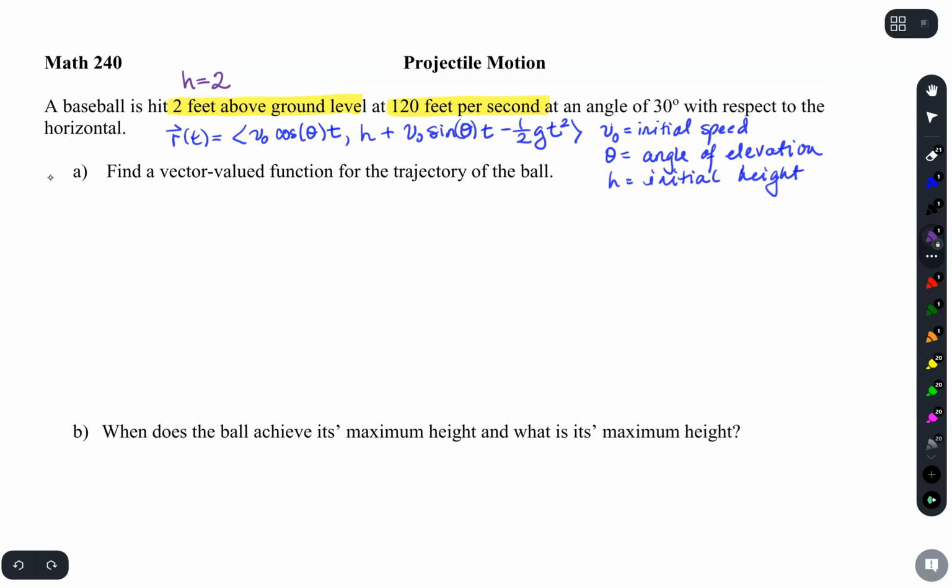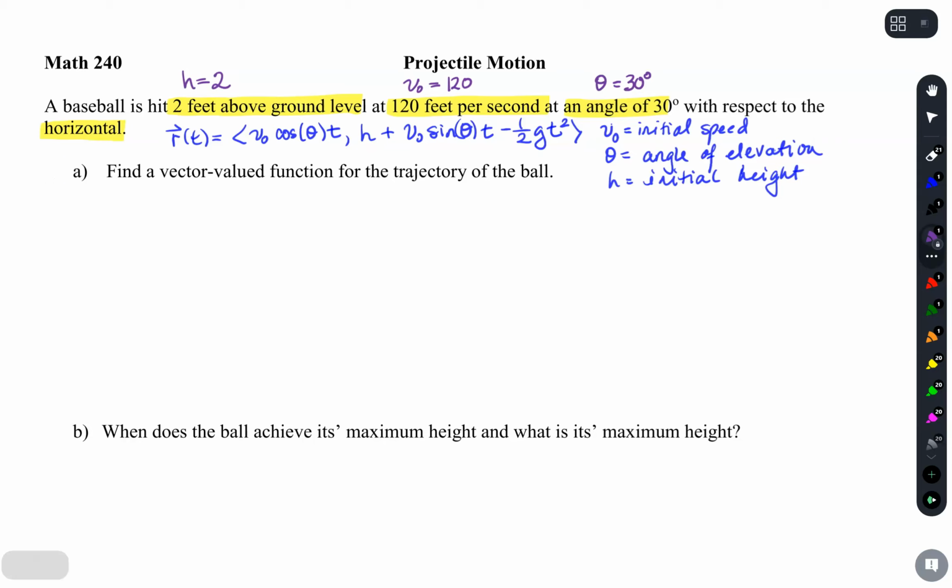So I do have to recognize that that is a speed, and it is in fact an initial speed because it's hit at that velocity. So our initial velocity is 120 feet per second. And then we have it being hit at an angle of 30 degrees, and that is with respect to the horizontal. So theta is going to be 30 degrees.